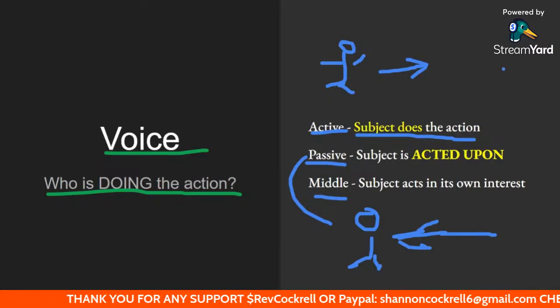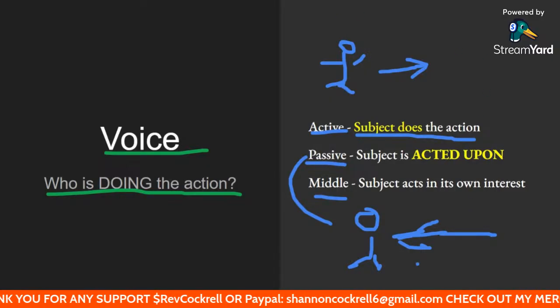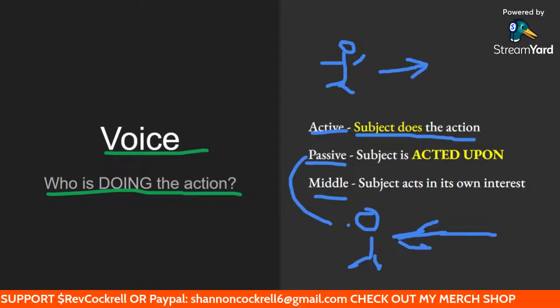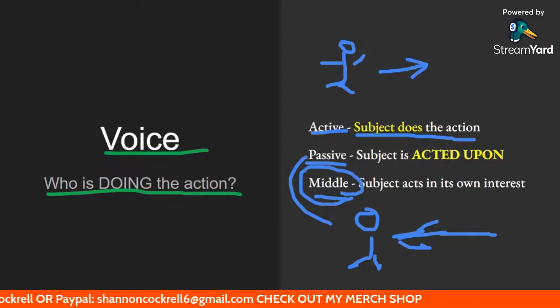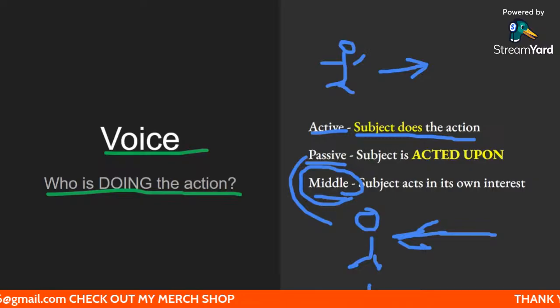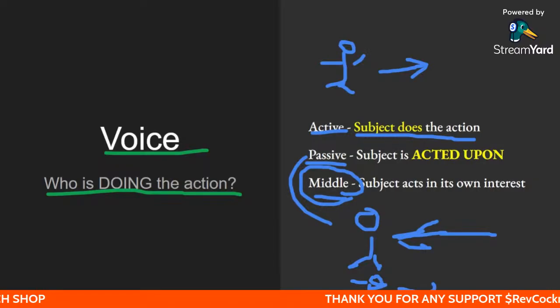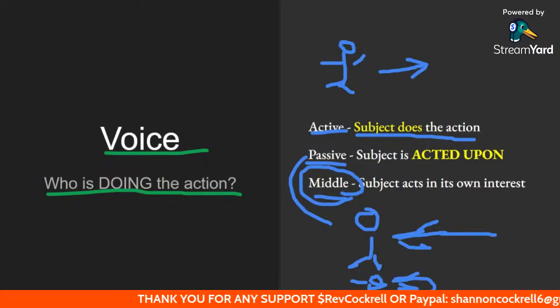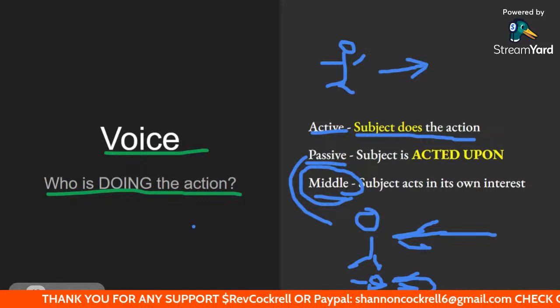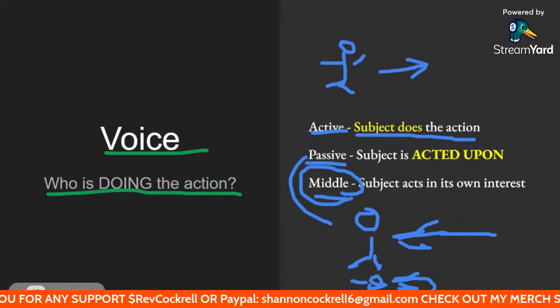Joe hit the ball. Joe was hit by the ball. That's passive. In the middle voice, the subject does something in his own interest. He does it, but for his benefit, like a boomerang effect.